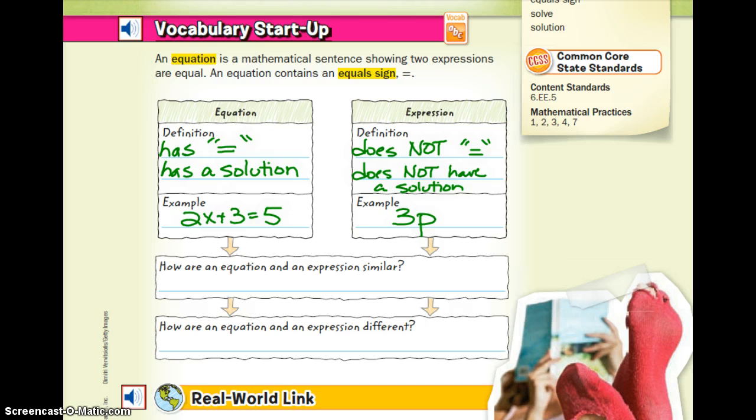How are equations and expressions similar? Well, they both have variables. And then the equation has a solution where the expression does not.